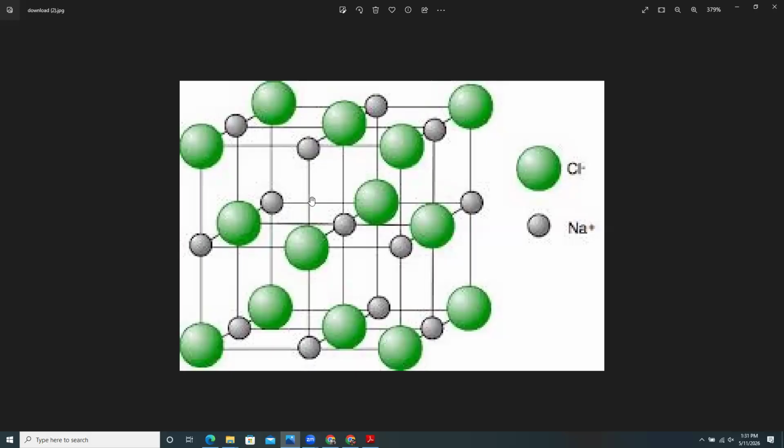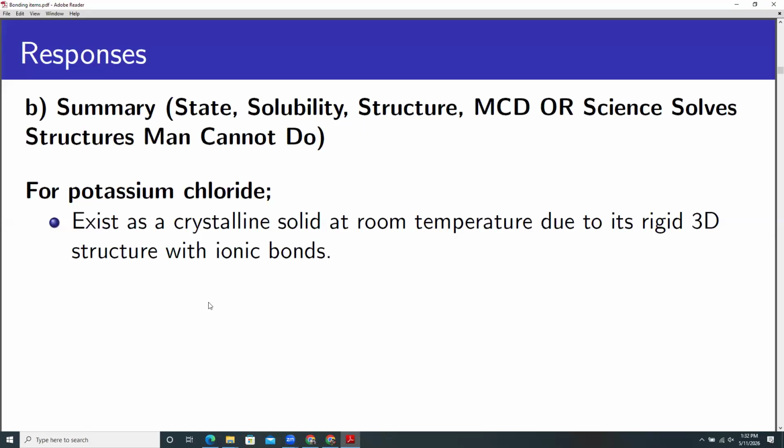Those lines joining ions, you know what we call them? Their names are ionic bonds, the bonds that link ions together. Therefore, for potassium chloride, we shall say that it exists as a crystalline solid at room temperature due to its rigid 3D structure with ionic bonds.